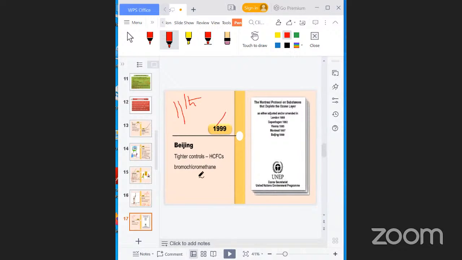In this amendment, tightened controls on the production and trade of hydrochlorofluorocarbons were introduced, and bromochloromethane was also added to the list of controlled substances with phase out targeted for 2004. So this is the Beijing Amendment.